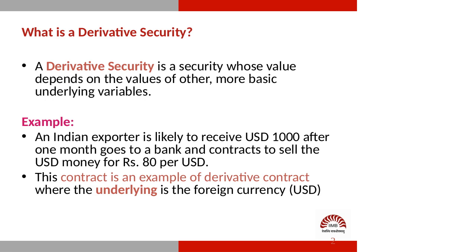You go to the bank and you enter into a contract to sell the 1,000 USD at a certain exchange rate, oh, sorry, 1 month from today. So you've entered into a contract which will allow you to sell the $1,000 to a bank, and the rate at which you can exchange this $1,000 is frozen today.